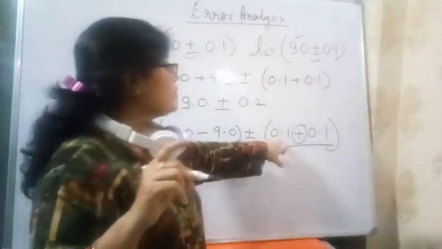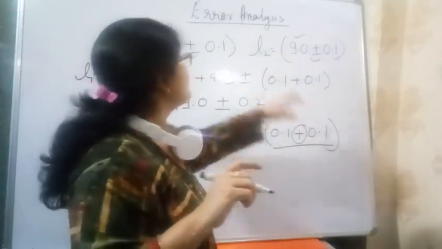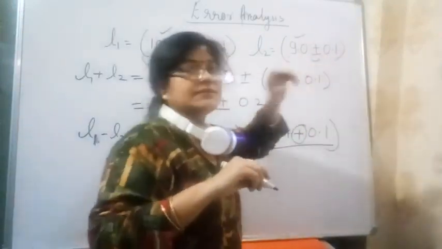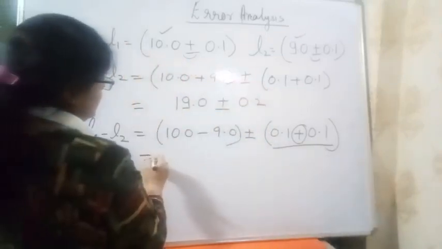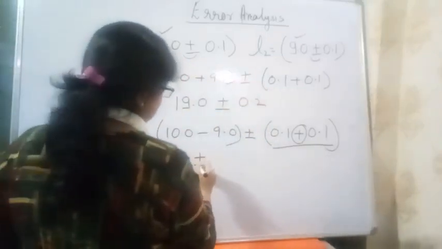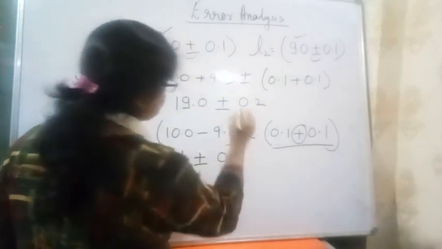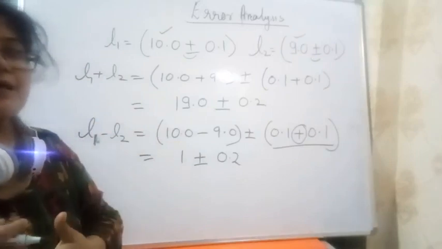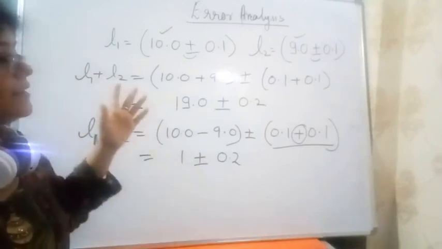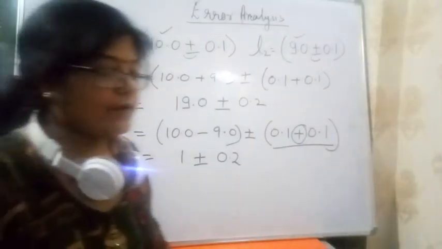Please note it down. Errors will not get subtracted. These are the errors which we found during the measurement of these two things. Now we have the answer 1 plus minus 0.2. Clear? Now I am going to explain by taking another example. How will you multiply such values? Okay, just note it down.